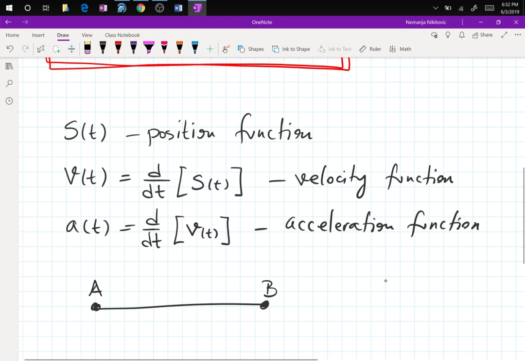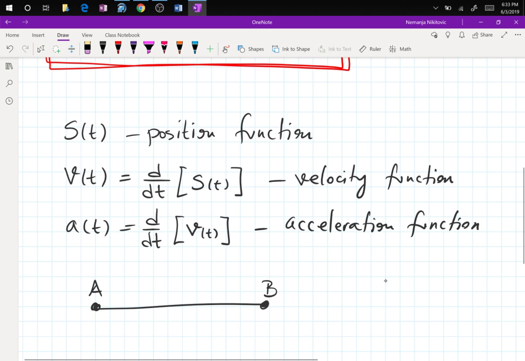Velocity has a sign. If you're moving in a forward direction, it's positive. If you're moving in a negative direction, it's negative. We don't deal with vectors in this class. We redo this in Calc 3 when we deal with vectors. But if you take a physics course, then you have velocity defined as a vector, in which case you have a direction and you have magnitude.